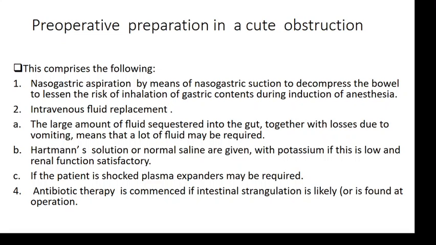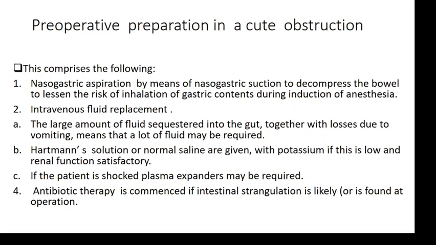Intravenous fluids are needed because a large amount of fluid is sequestrated within the gut lumen or into the peritoneal cavity, and it is also lost by vomiting, so a lot of fluids should be given. The best type of solution in intestinal obstruction is Hartmann solution, and if it is not available we use normal saline with potassium, if the renal function is assessed and found normal.